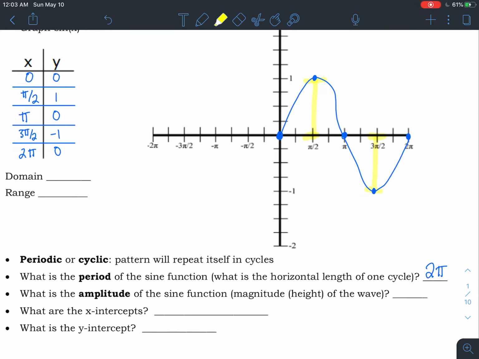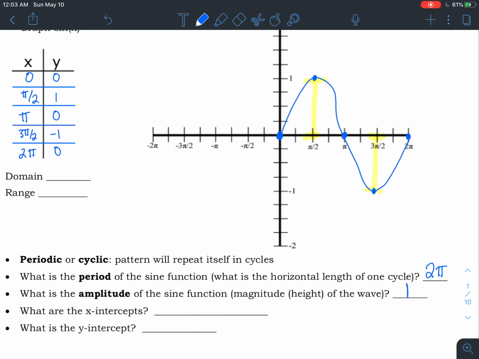So you can see there I highlighted that in yellow. This has a height of 1. It has a magnitude of 1 in total. So if you're looking from at rest down to your trough, even though it goes down to -1, the actual height of that, if I just took a ruler and measured that, would be 1 unit.